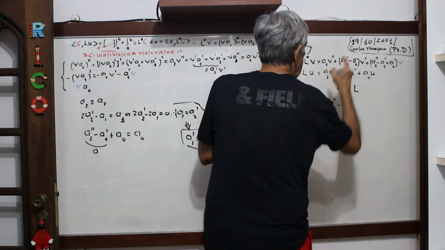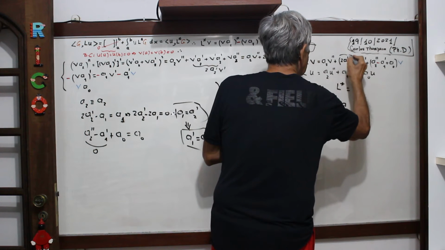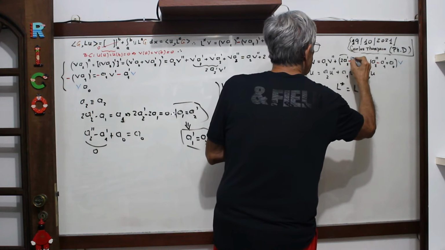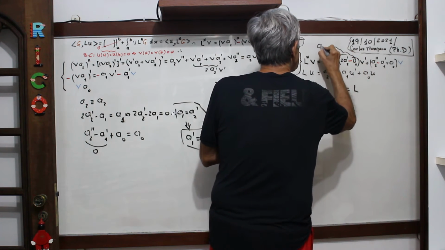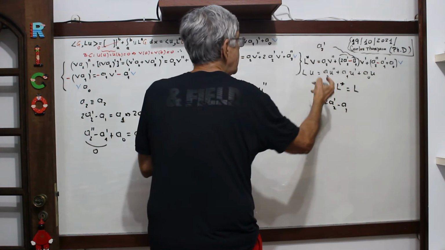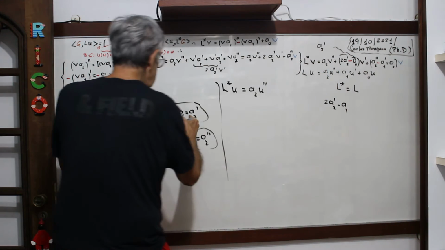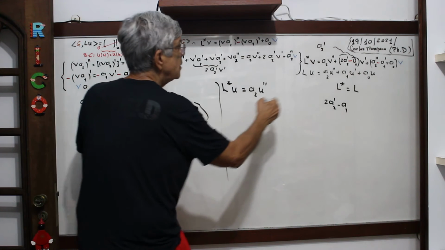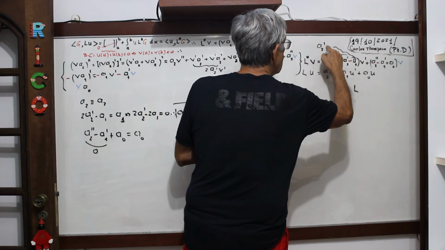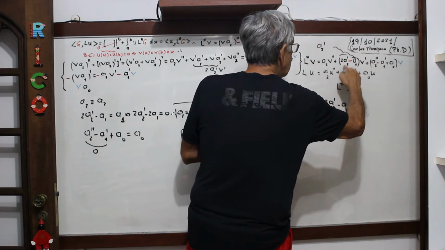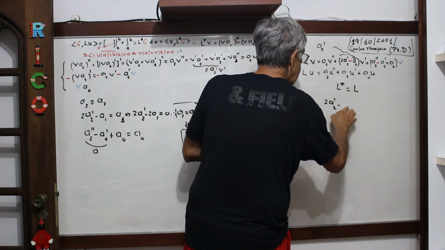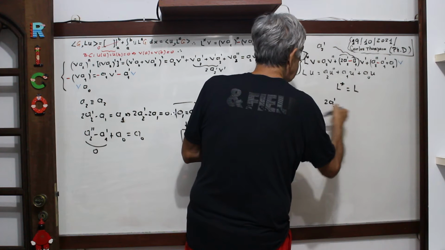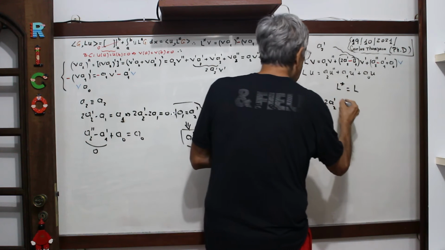Don't forget that this here is just A2 prime. A1 is equal to A2 prime. So 2A2 prime minus A2 prime, I can write down 2A2 prime.